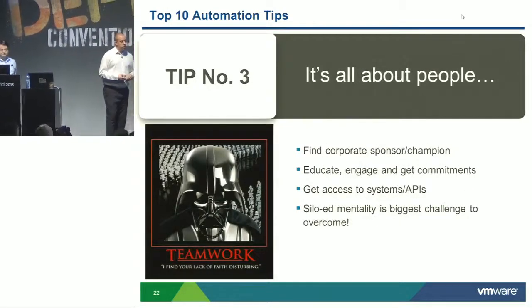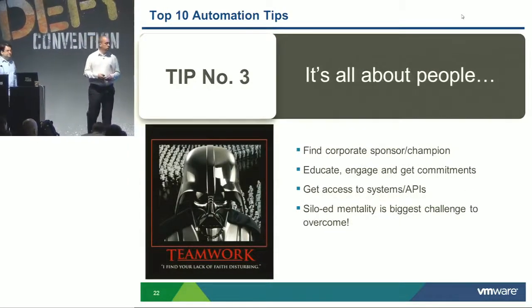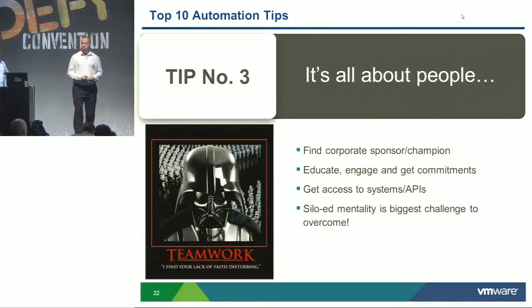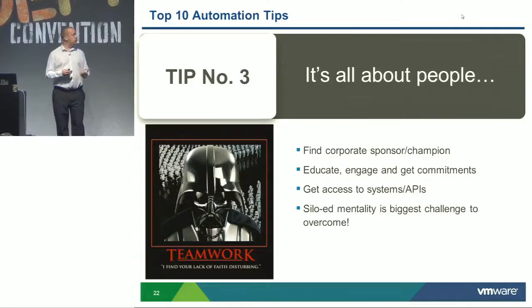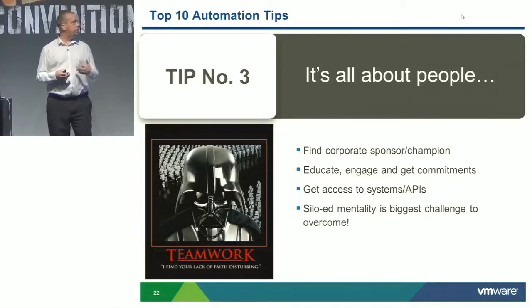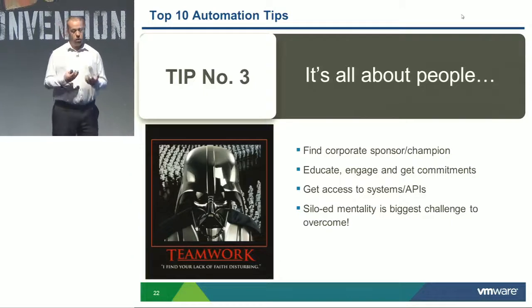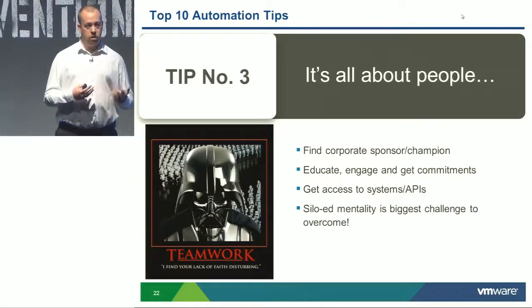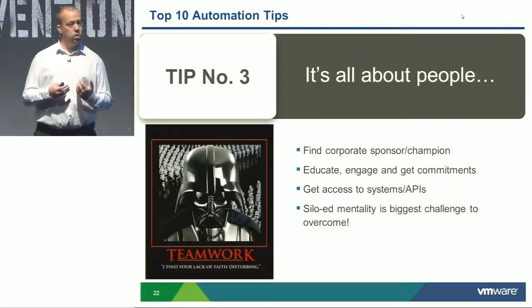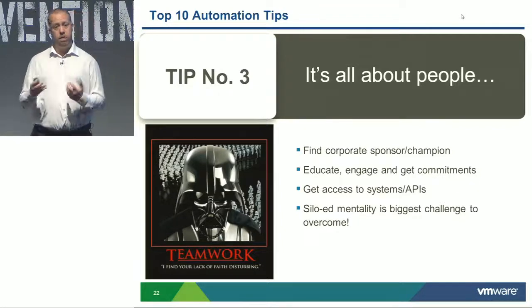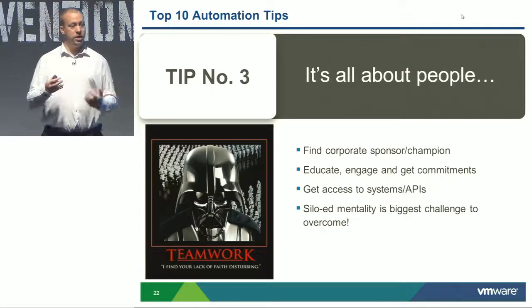The next one we wanted to share with you is it's all about the people. And I'm not saying you have to join the dark side if you start automation. What I'm saying is you need to talk to the right people and you need to get corporate sponsorship. When you're going to automate something, make sure you have the corporate sponsor or stakeholder behind you, because more often than not you're going to be touching areas that you don't really have access to.